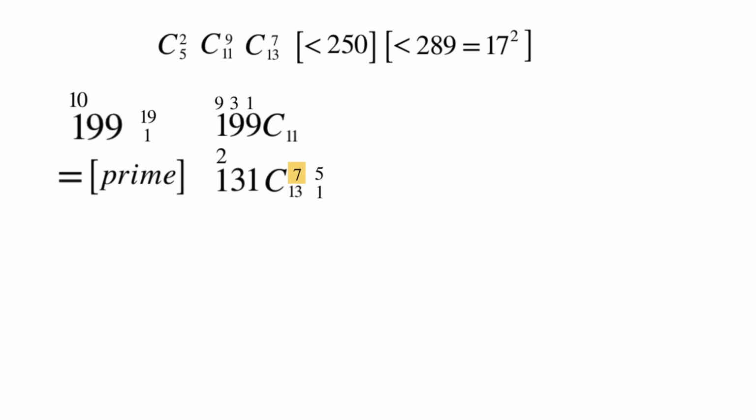Let me call 7 hinge 13, 10 minus 3. 9 is hinge 11, 10 minus 1. Once again, when making C13, change this 1 into negative 9. 21 is 30 minus 9.